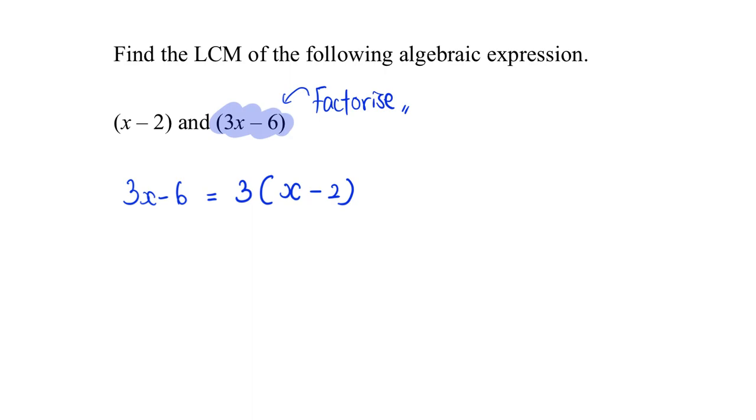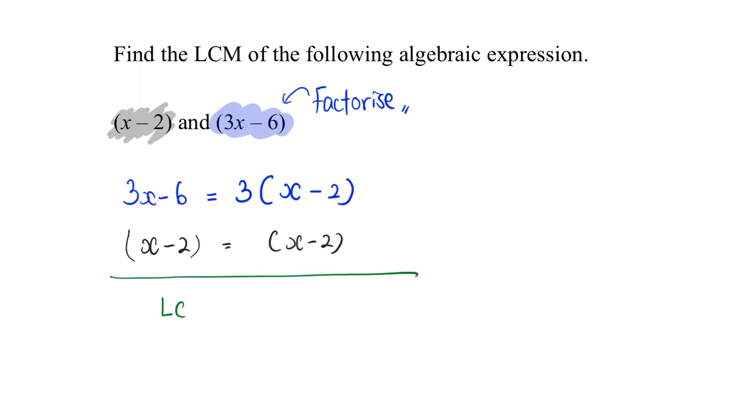And I also have, let's go back to this. And for this, x minus 2 is equals to x minus 2. And therefore, for our LCM of these two terms, I must choose the 3.